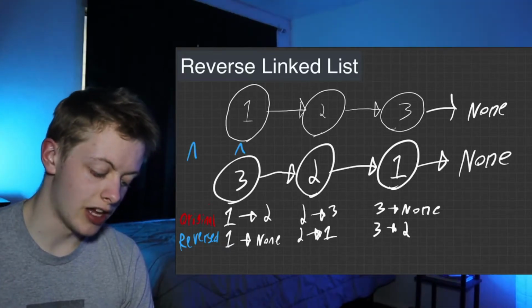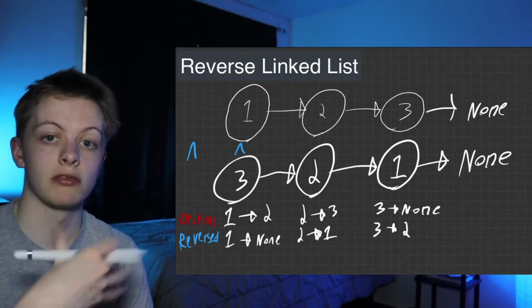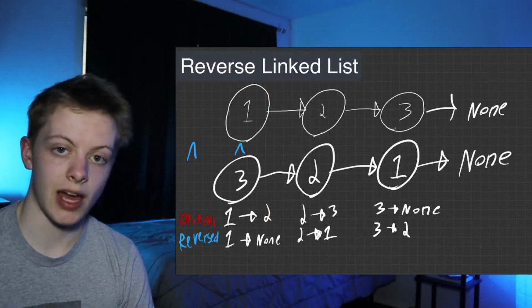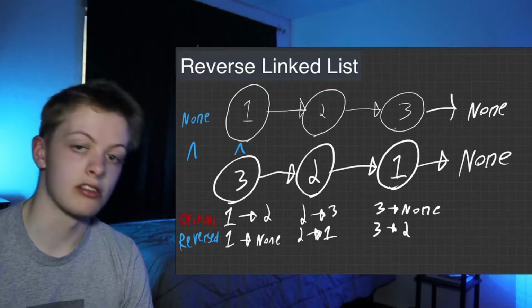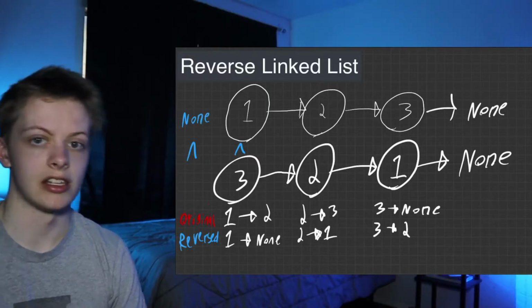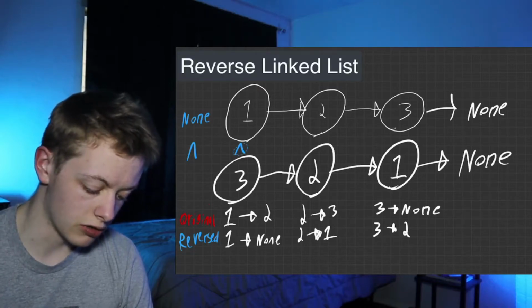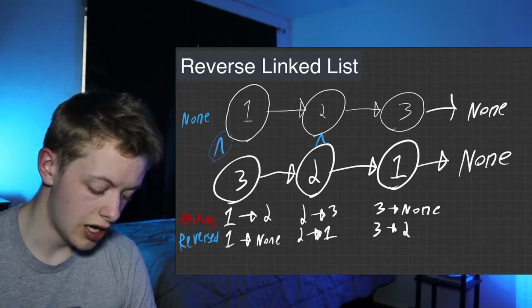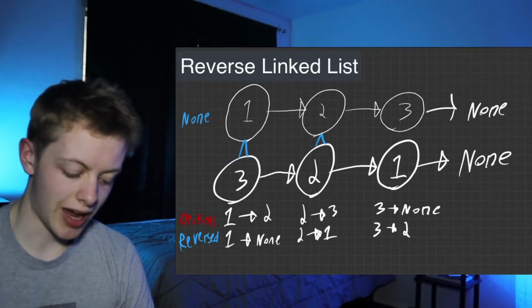So we have a pointer that's going before the 1 and a pointer at the 1. The pointer at the 1 would be our current pointer. Originally, what is the previous pointer? Well, it would be none, because there's nothing there, so we would originally set it to none. Now, let's move these forward just 1. Our current pointer is going to move to 2, and our previous pointer is going to move to 1.